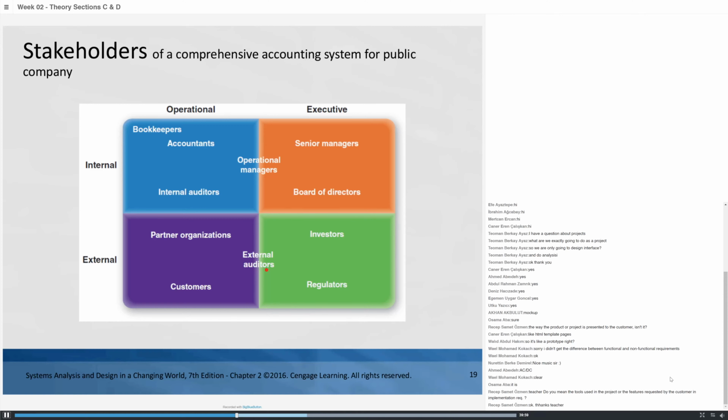Specifying these stakeholders is important because, as I said, stakeholders are the primary source of information for us. We will extract the requirements from stakeholders. That's why identifying the stakeholders is a critical task for us.